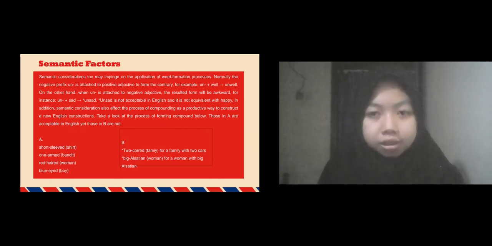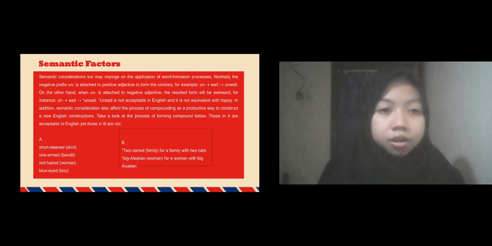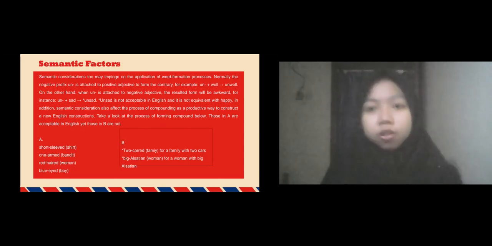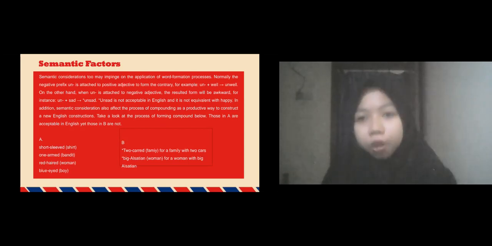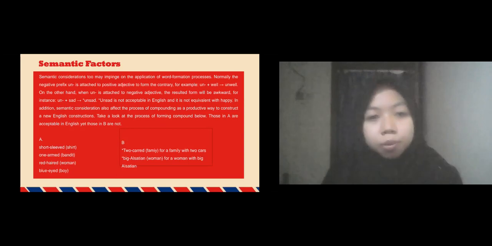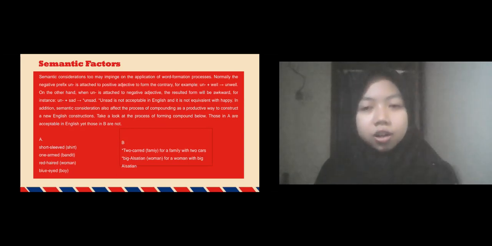One-armed bandit. Also acceptable. Next, red-haired woman. That's also acceptable in English. And then the last is blue-eyed boy. It's also acceptable. It means a boy who has blue eyes. But here, take a look at these examples. They are not acceptable in English.